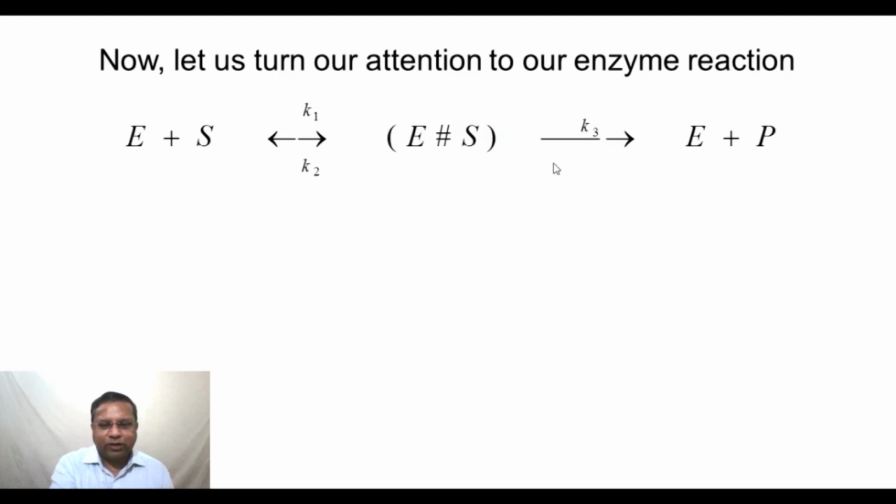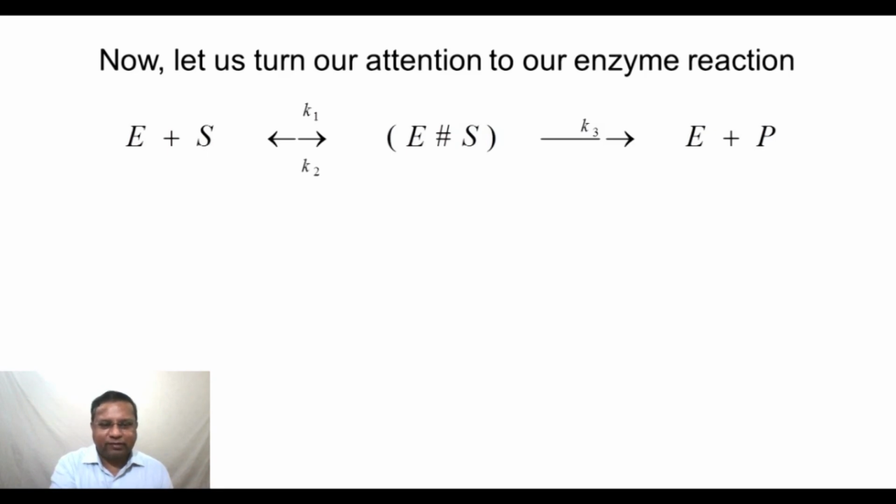And then this enzyme substrate complex reacts further, converts further to enzyme and product, through the rate constant K3. This is the overall mechanism of a simple enzyme mediated reaction.